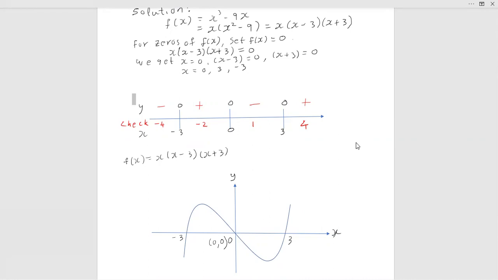Okay, now we can draw the graph according to the sign analysis we did. Before x equals negative 3, the function is negative. Therefore, before negative 3, the function is in the negative region.